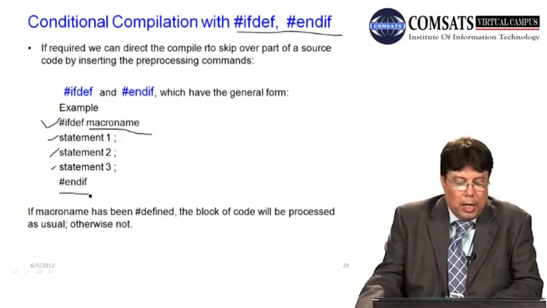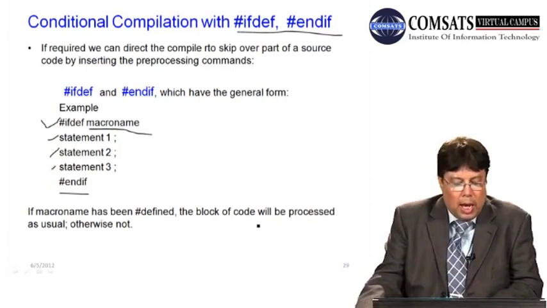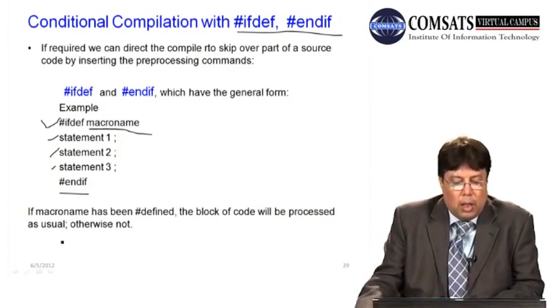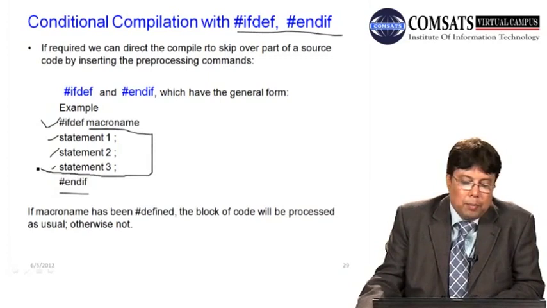So what will happen? If the macro name has been defined, the block of code will be processed as usual, otherwise it will not. अगर ये macro name is defined, then and only then this part of code will be compiled और आपको इसका executable मिलेगा.